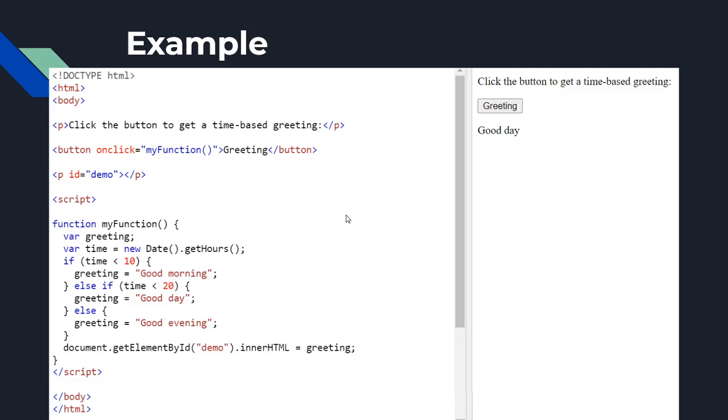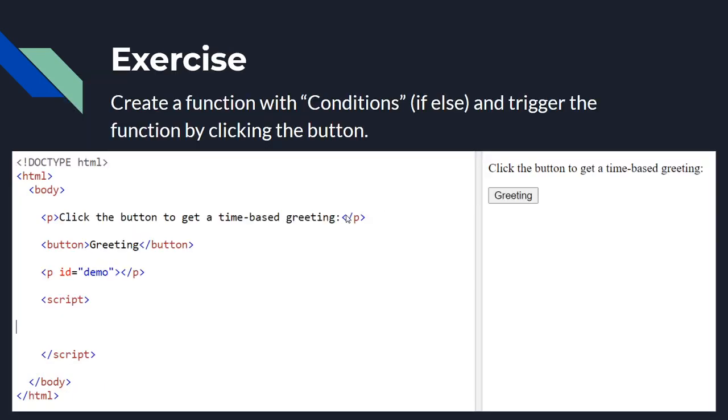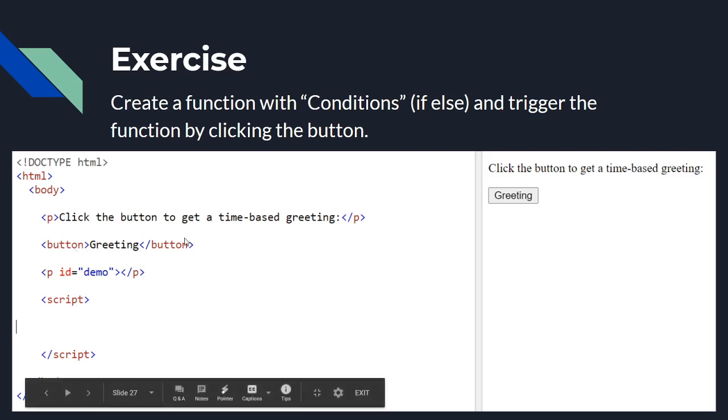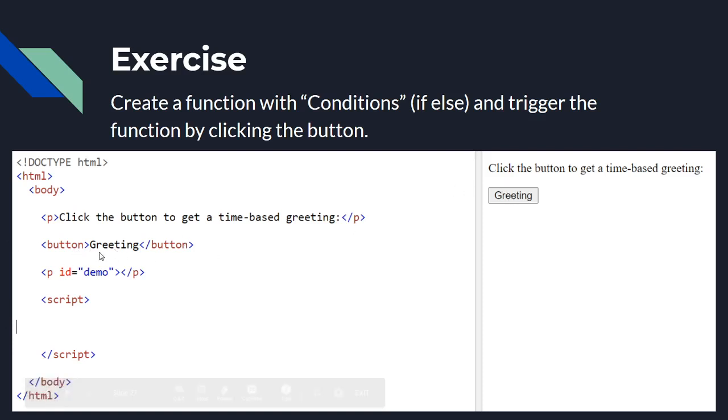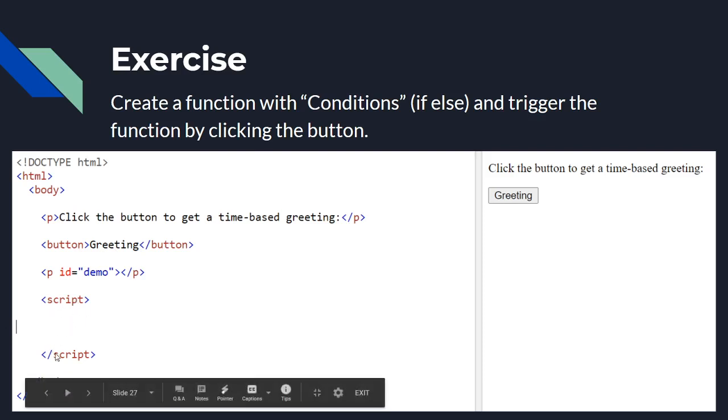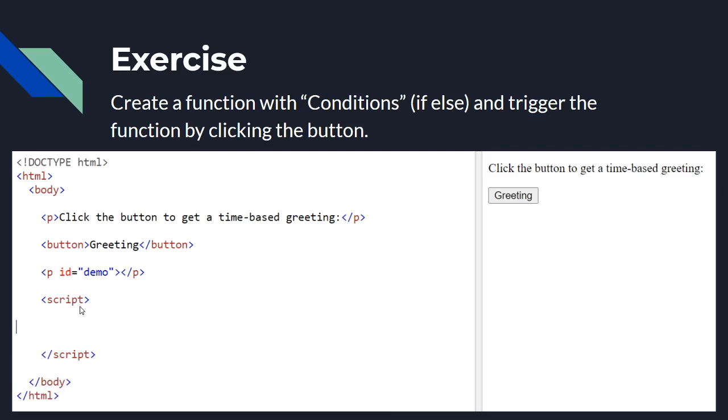Getting smart, isn't it? Okay, go ahead, give it a try. First make that button, name the button whatever you like. Then remember, use the script opening and closing tags and set an if and else statement. So if this, then do this. You want to have an if, and then you probably have to have a function.